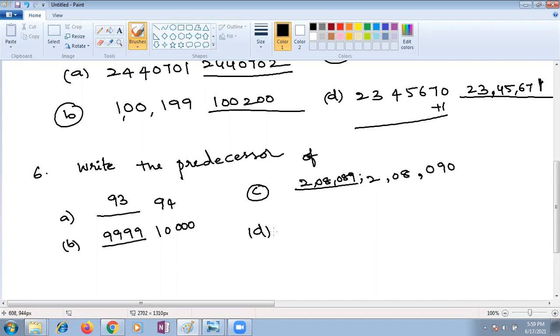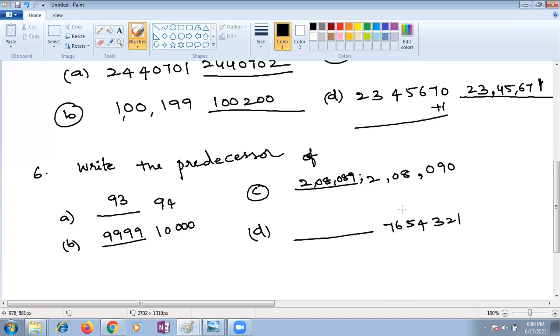Next one for Drona. The question is here. 76. I'm writing, I won't read. You're supposed to read the number. Reading the number is also most important. Please read the number and then the predecessor.